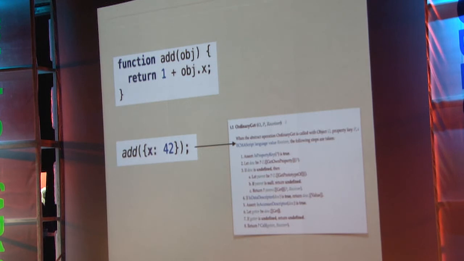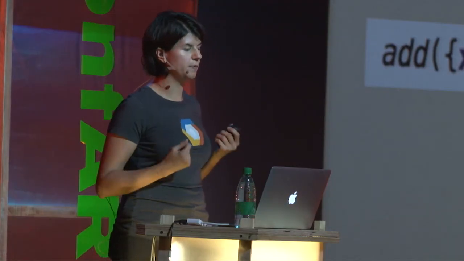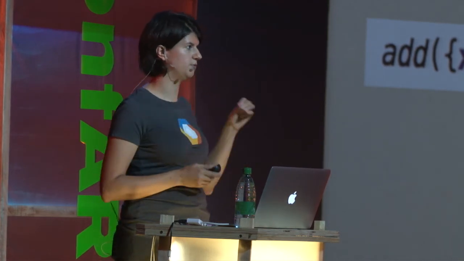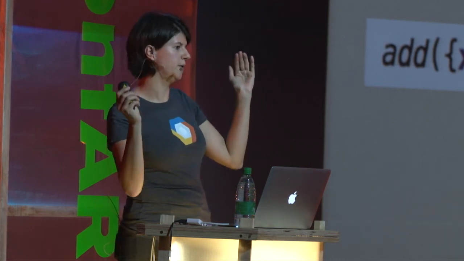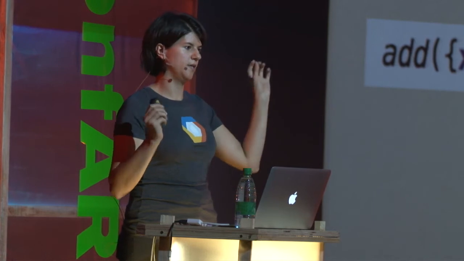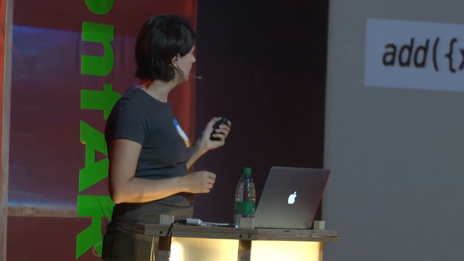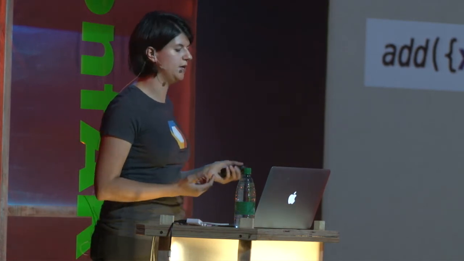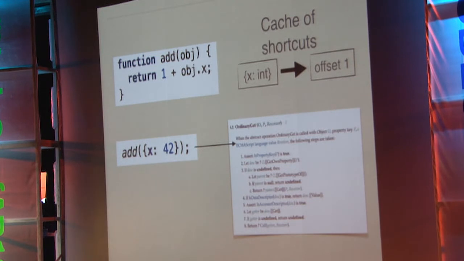And eventually, it will figure out where in memory to find the value of x so that it can add 1 to this value. So in this example, the value obviously is 42. Since the compiler just did all this work of figuring out, rather, to figure out if the input is an object that has an x property, the value that it wants is at a certain position of the memory address of this object, it actually saves that information in a little cache.